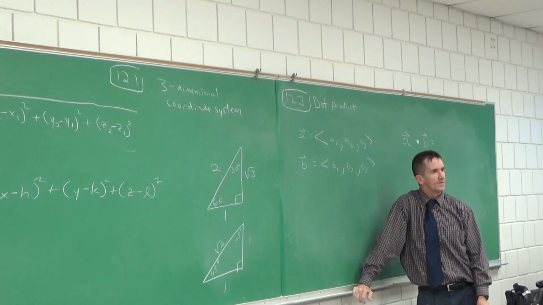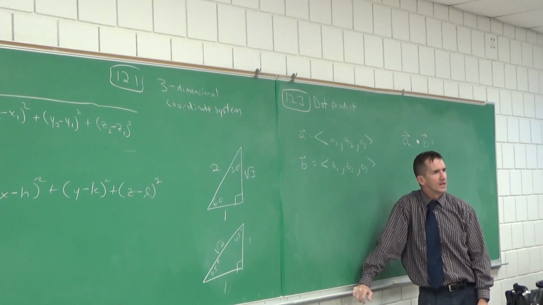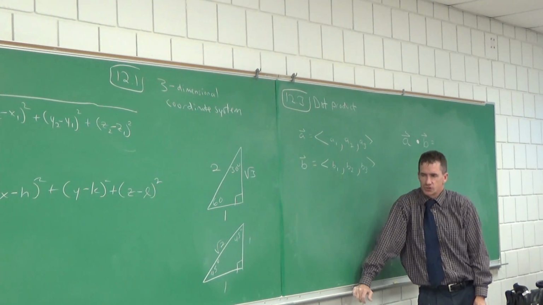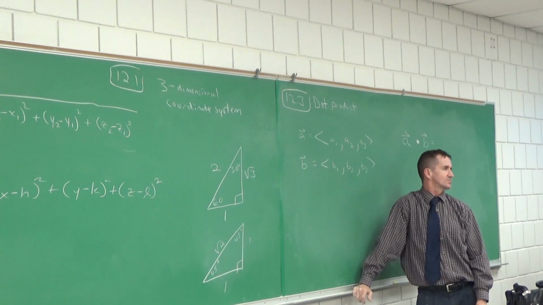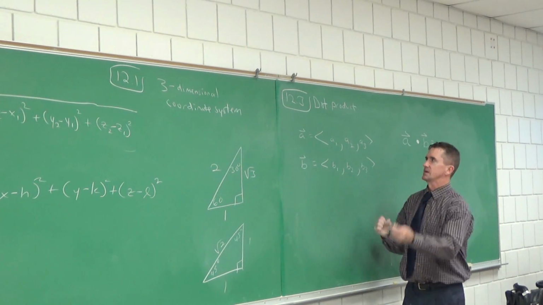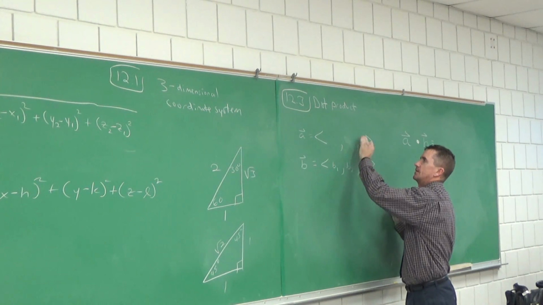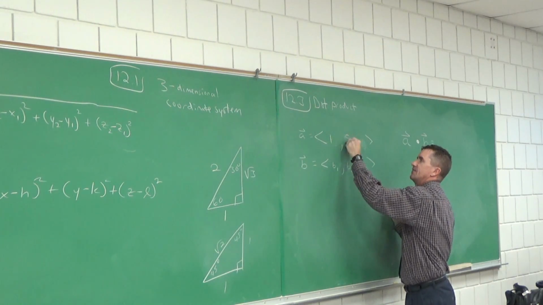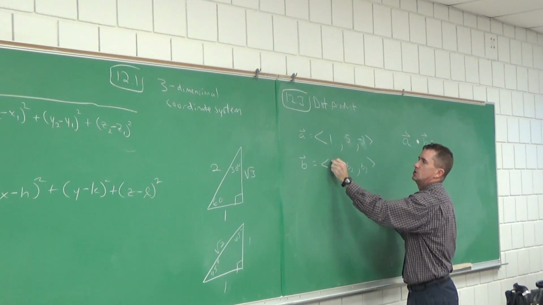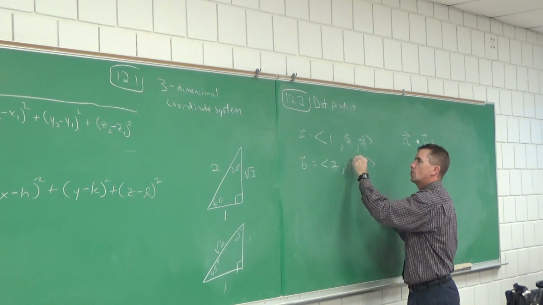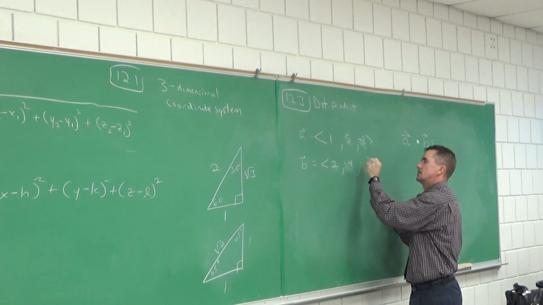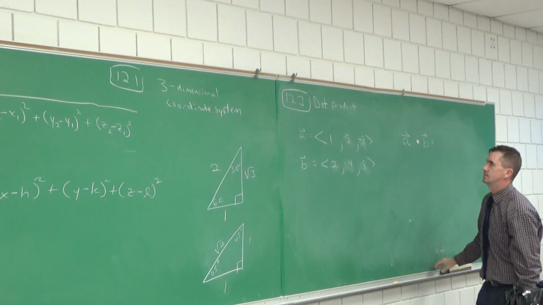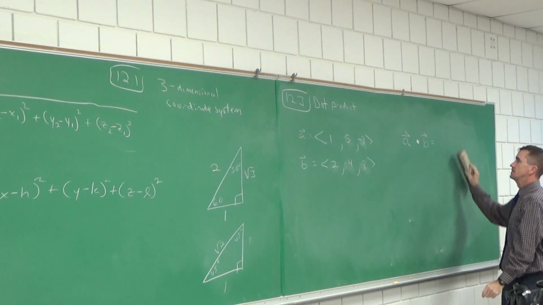Can you get negative answers? Sure. Can you get answers of 0? Sure. Can you get answers like 100? Sure. Well, let's do an example. A is 1, 5, negative 3, and B is 2, 4, 8.